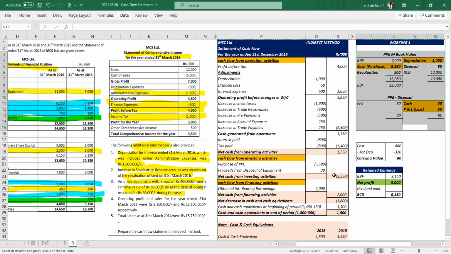Okay. Now what I'm going to do is the same question. Let me do it in the direct method.